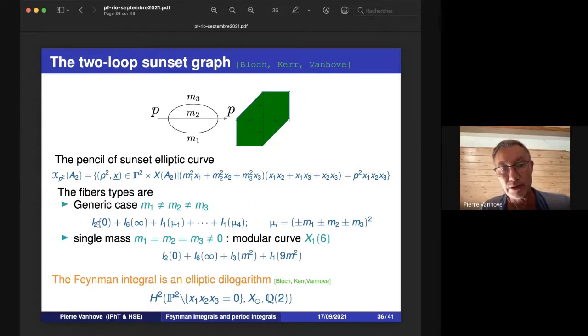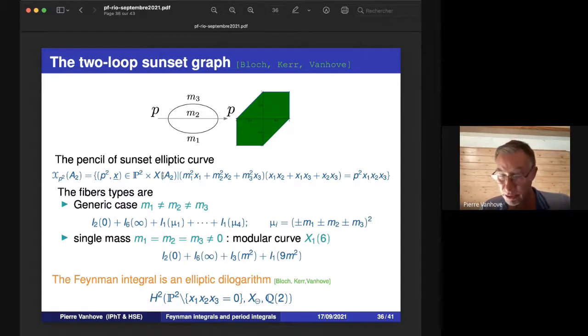The singularities are at p equals 0, p equals infinity, and at the positions dictated by these parameters here. You have an I2 fiber, an I6 fiber, and 4 I1s generically. And when all the parameters are the same, there are collisions of fibers, and you get this.